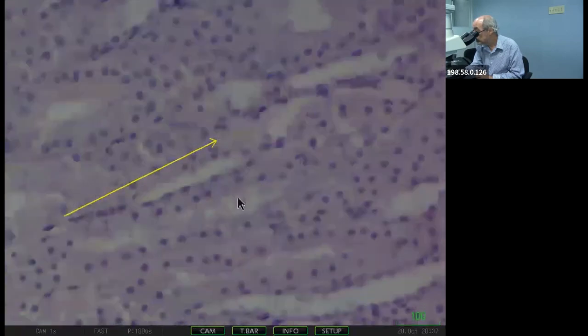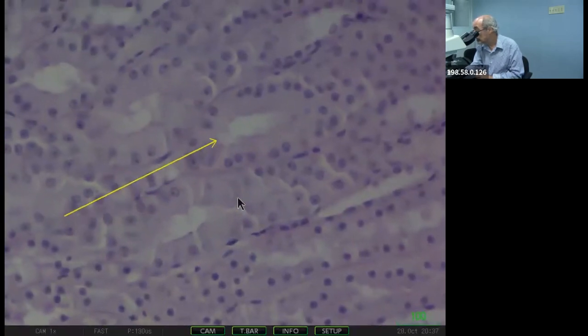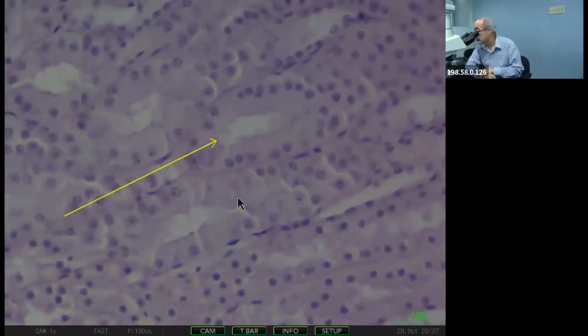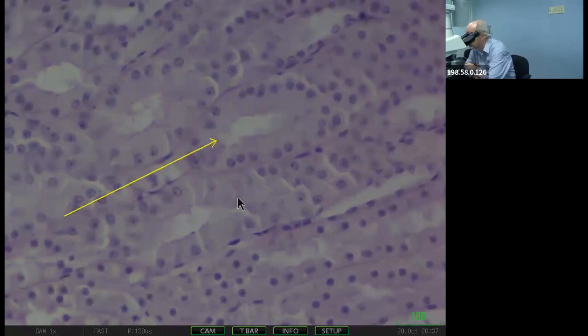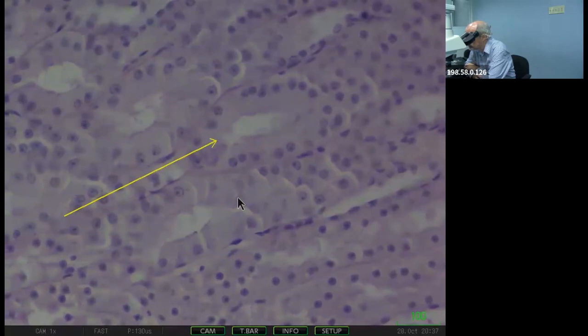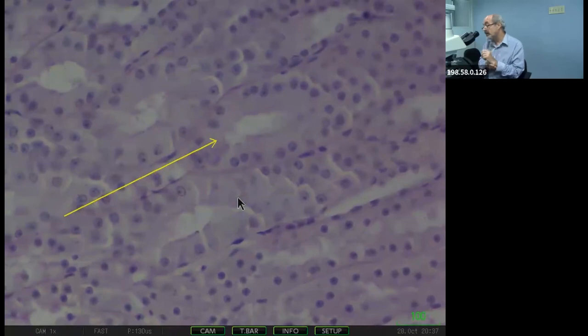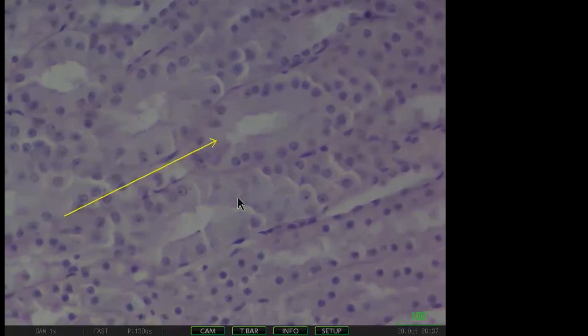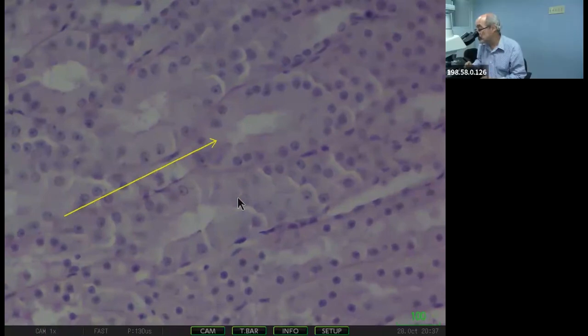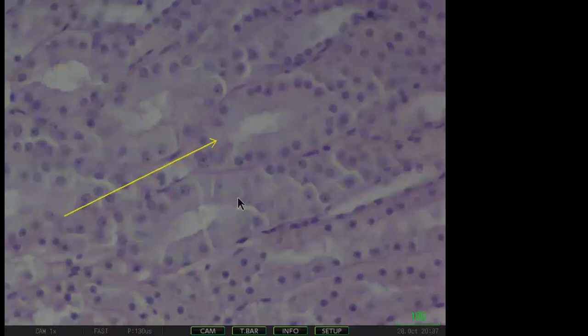If I show you this one, what is this type of epithelium? Simple cuboidal. Where can you find it? The kidney. Which part of the kidney? The kidney tubules. Yeah, tubules.